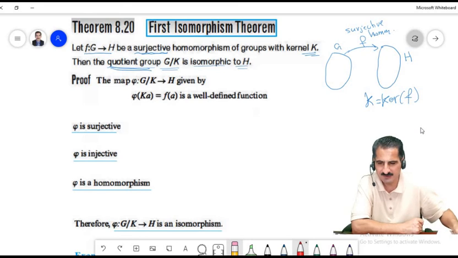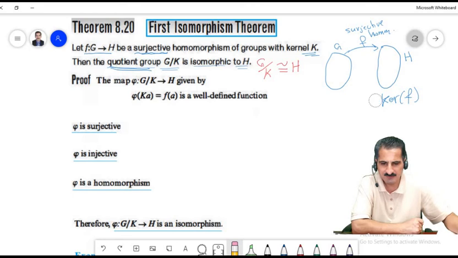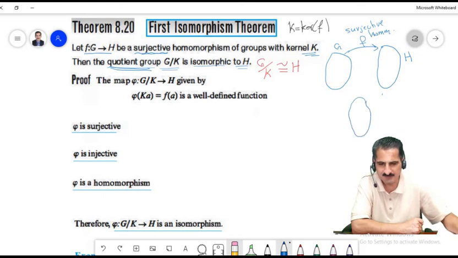So let me write that. G over K is isomorphic to H. Actually, let me move this out of the way, and emphasize somewhere that K is the kernel of F. So what's happening here, if we make another diagram for G over K, the factor group.